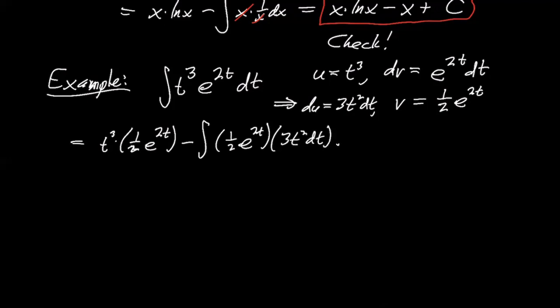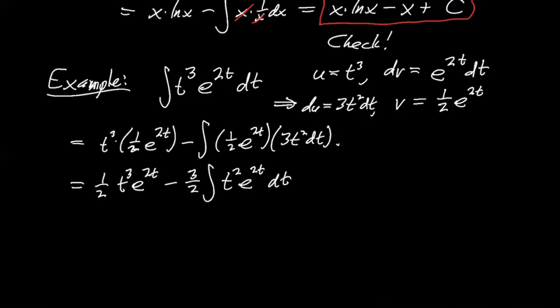Okay, to clean this up a little bit, let me rewrite this as 1/2 t cubed e to the 2t minus, there's a 1/2 and a 3, so I can pull out 3/2 t squared e to the 2t.